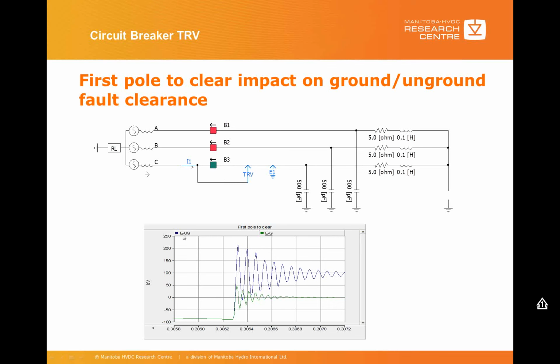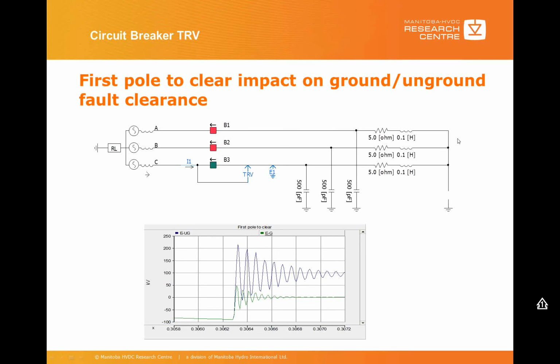The blue color line is the voltage across the breaker when the system is ungrounded. You see that elevated TRV problem when the system is ungrounded.